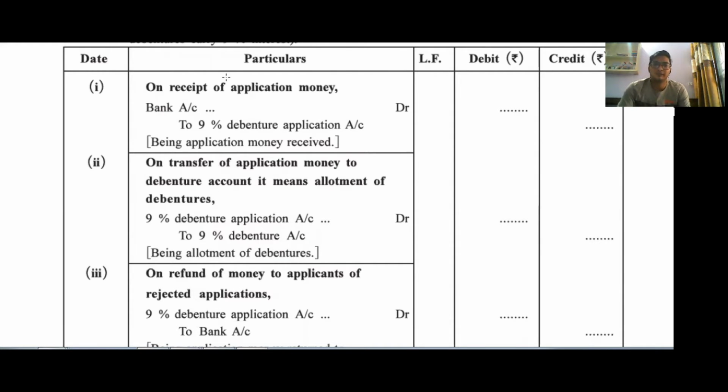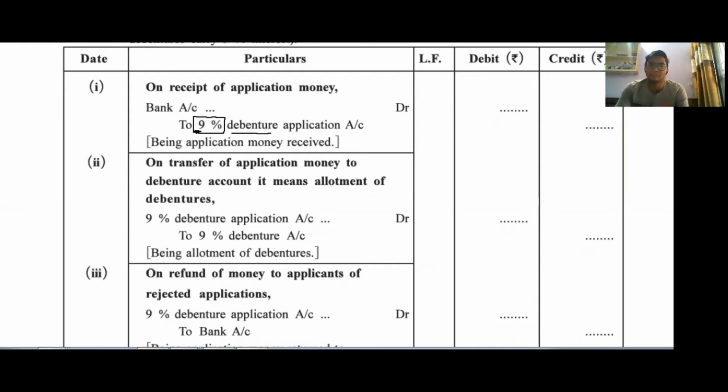Like if it is with application, then bank account debit to debenture application, and second entry, debenture application account debit to debenture account. But for every installment, there is a rate of interest for debenture. This rate of interest we have to mention on every journal entry. Like if rate of interest is 9%, then we have to write 9%. If it is 8%, then we have to write 8%.